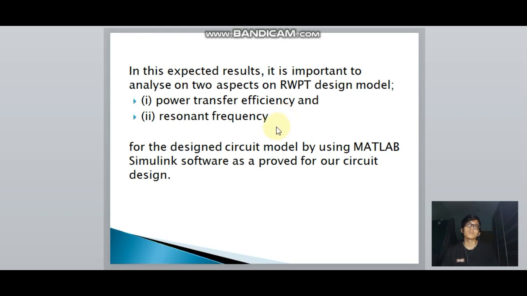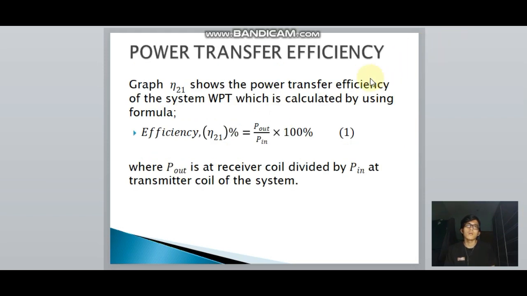We use the MATLAB simulation software to run our schematic design. The first aspect is power transfer efficiency, whose formula is P out over P in times 100%, so we get the efficiency value of the system.